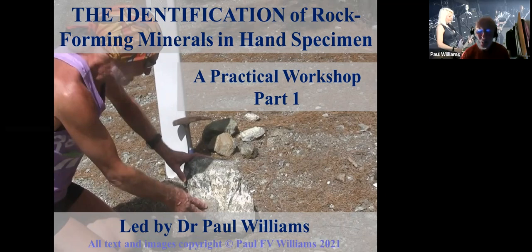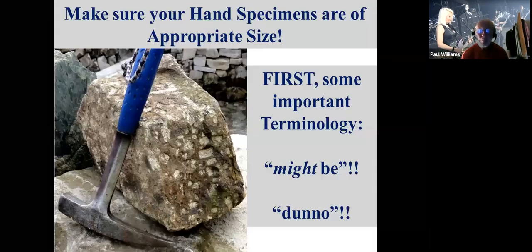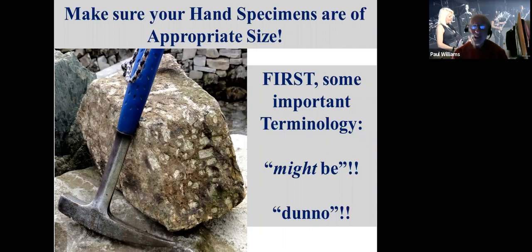It's always a bit of a debate as to what you've got in a rock specimen. It does require that your hand specimens are of a reasonable size so you can see things in them. And before we go on any further, there's some very important terminology that we need to be aware of.